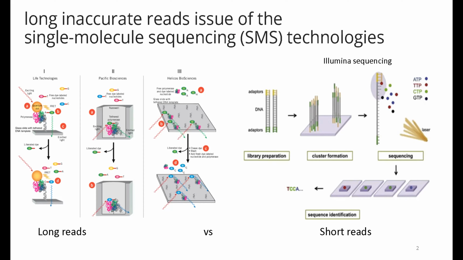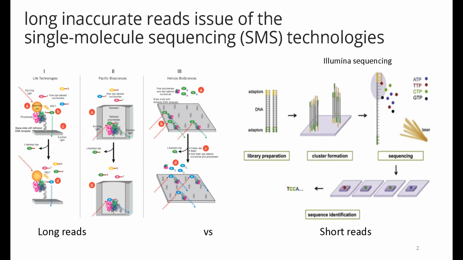For instance, if you produce long reads, there's a better chance to cover the parts of the genome which are highly polymorphic, or have many repetitions, or complicated mutations which are hard to map using short reads.